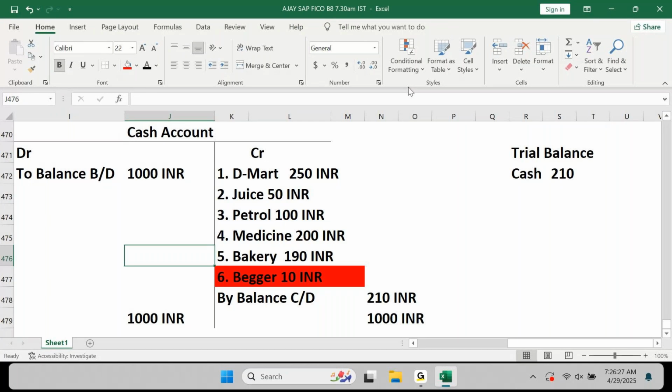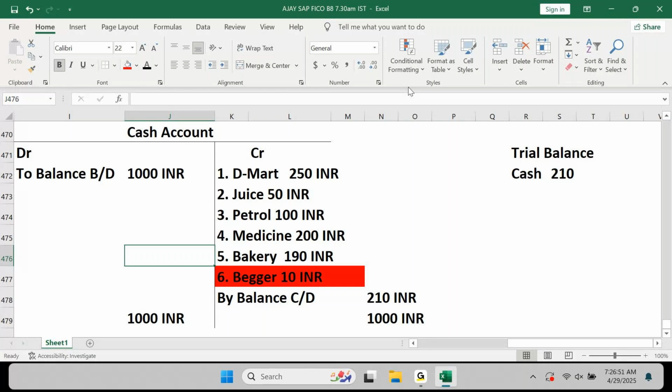Meaning, when you're looking at accounting, don't go by the examples. Go by the concept, go by the logic. Because each example is different, each company is different, each scenario is different. Everywhere it will change, but all these things are based on the same rule, same regulation, same formula, same concept.